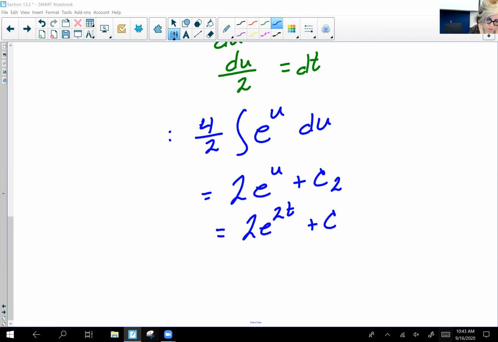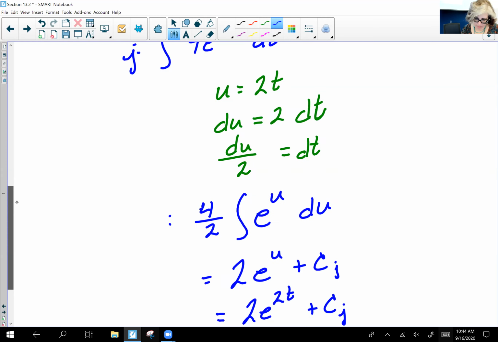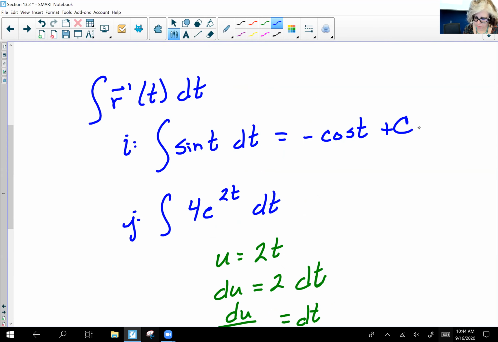To call it C2. We're not going to do that because we're not in DiffyQ. We're going to call this C sub j. I think that might make a little bit more sense. That's the constant that then goes with the j component. All right, and let's back up and call this one C sub I, meaning it's the constant that then goes with the I component. Does that work? I'm just trying to differentiate them is all I'm trying to do here.